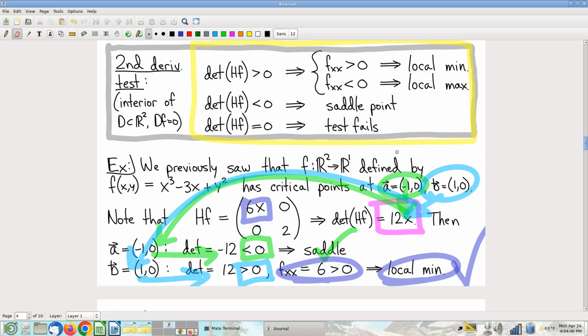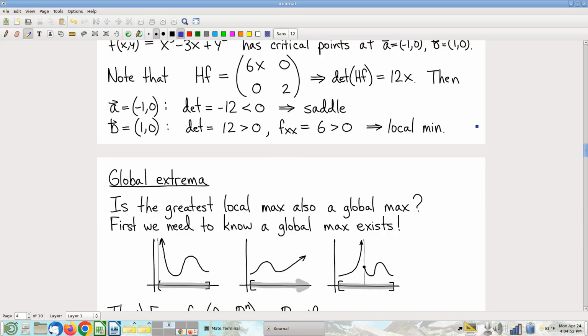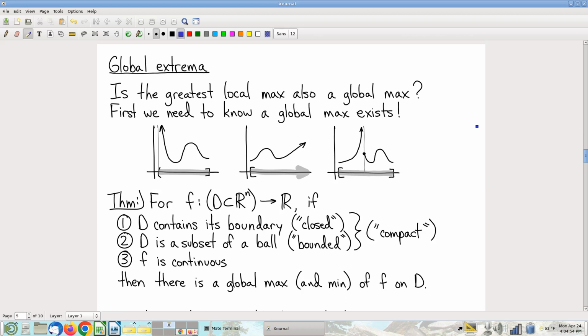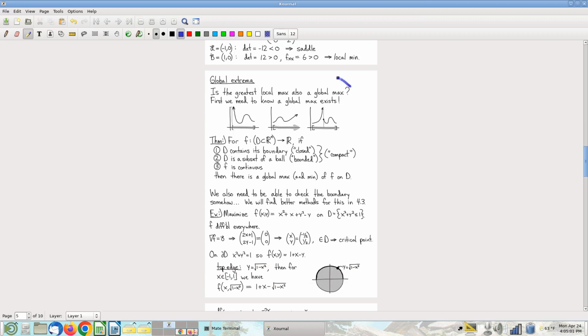All right. Now, there's a few more things that we could say if we had time about Section 4.2. These pages here, though, are supplemental. These are not essential. Global extrema is not something that we're going to really make part of the course.